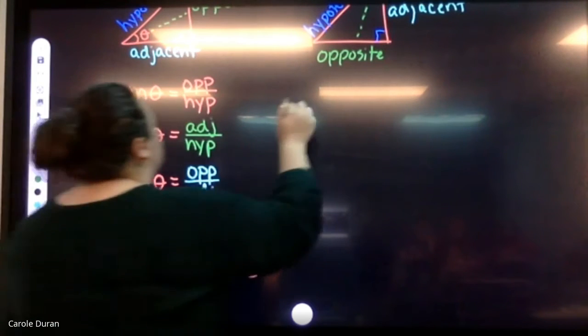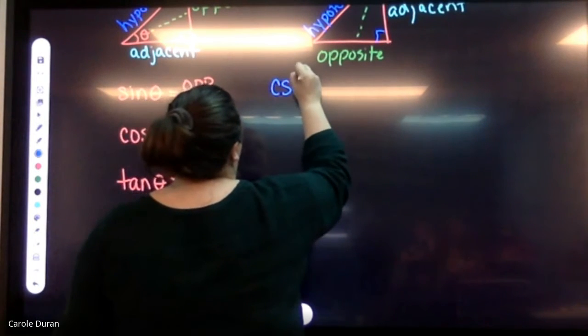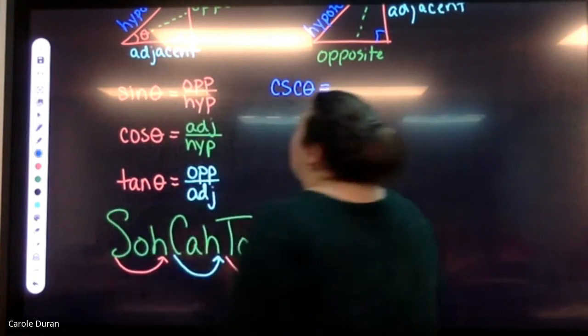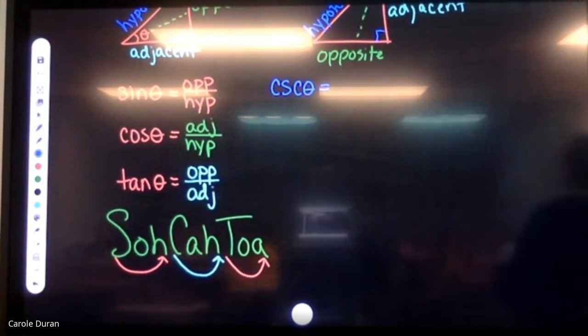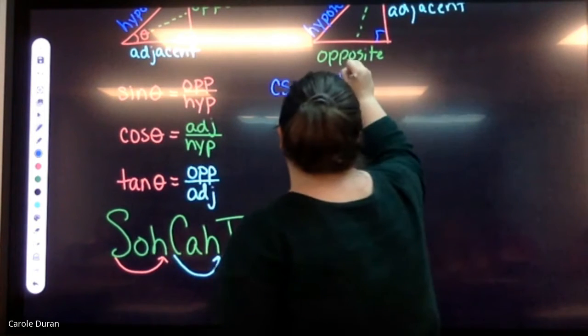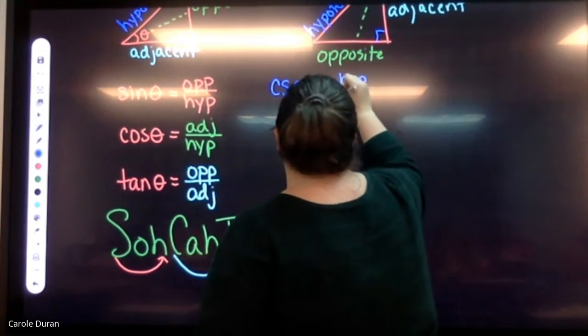The first one is called cosecant, and it is CSC. It is the opposite of sine. So sine is opposite over hypotenuse, so cosecant is hypotenuse over opposite.